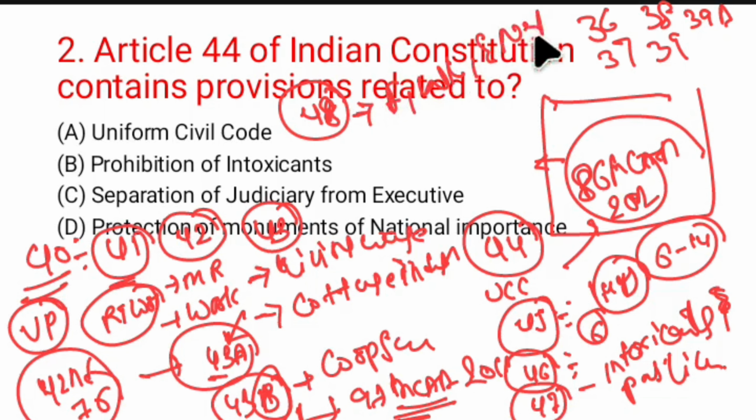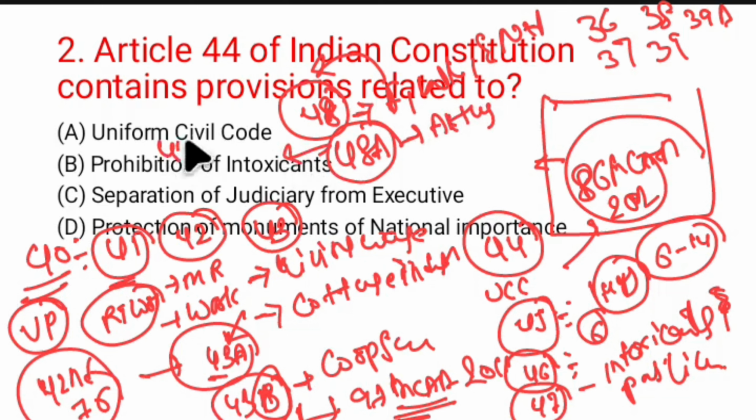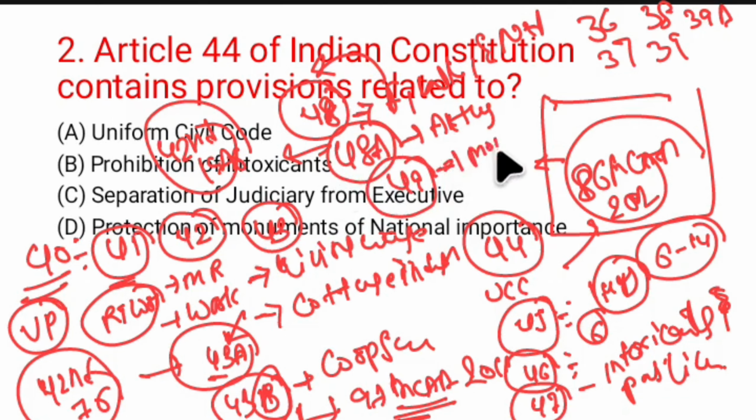Nature is covered under Article 48, and Article 48A talks about animal husbandry. This was added by the 42nd Constitutional Amendment Act, 1976, and Article 49 talks about protection and promotion of monuments of national importance. So monuments, their preservation and protection are mentioned in Article 49.